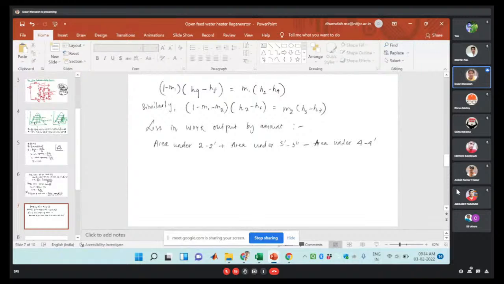Okay, so this will be the loss in work output by amount we can find out from that area under the curve formula. Okay, so also we can find out from the equation.